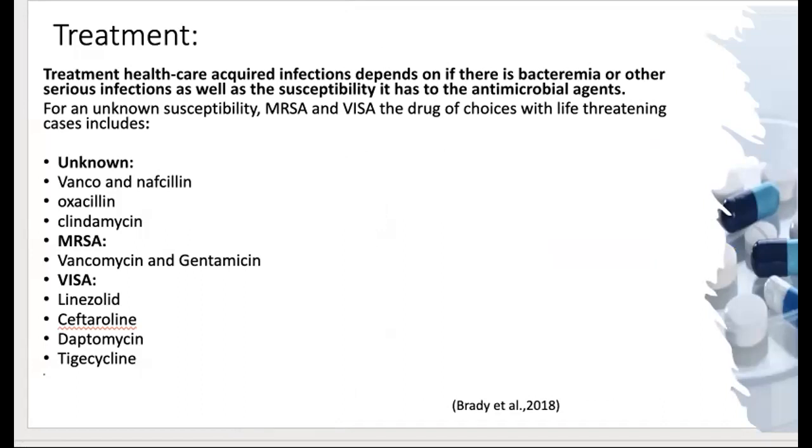For an unknown susceptibility, MRSA and VISA, the drug of choice with life-threatening cases includes vancomycin and ampicillin, oxacillin, and clindamycin. For MRSA, it's vancomycin and gentamicin, and for VISA, it's linezolid, ceftriaxone, daptomycin, and tigecycline.